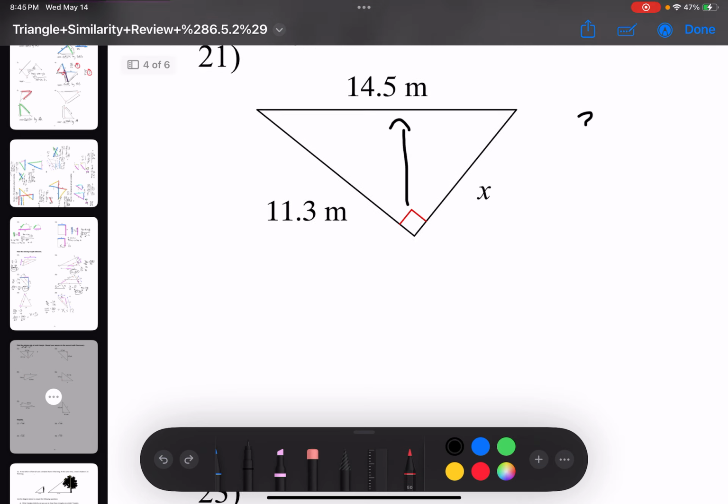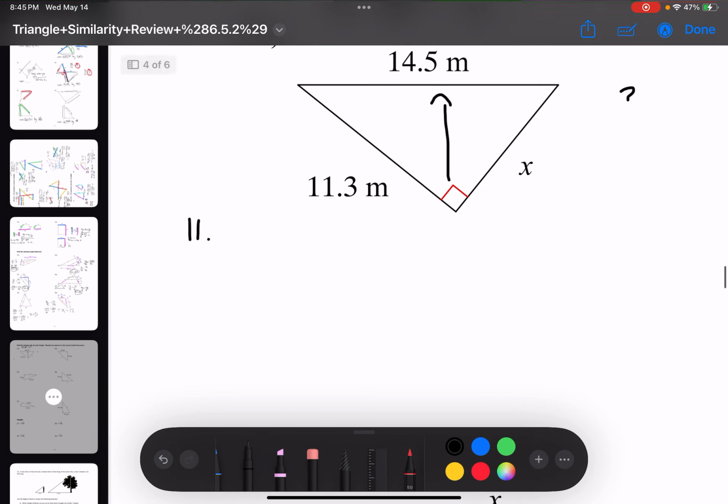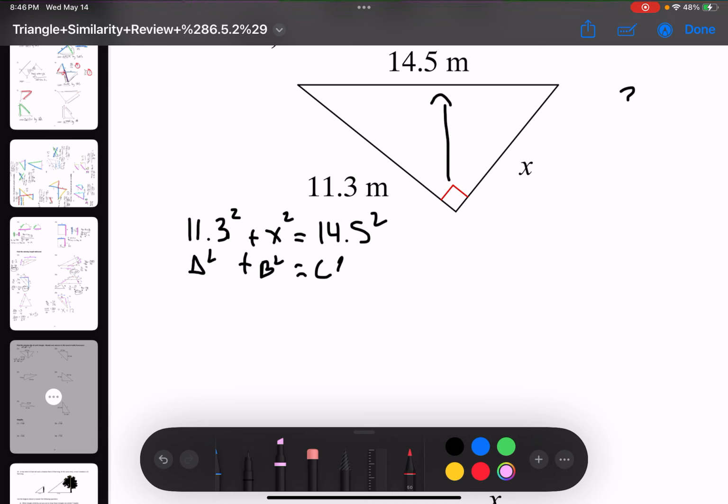So let's just say that 11.3 squared plus x squared is equal to 14.5 squared. So this is your a squared plus your b squared, and I forgot to square that, sorry, your c squared. And I'll make this easier for you guys.